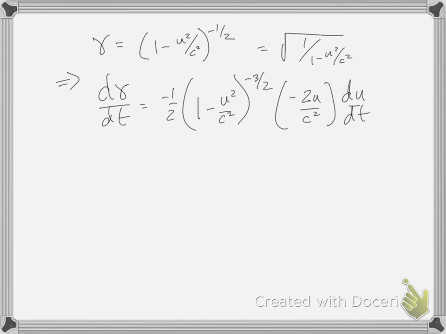So that is the correct derivative of gamma. Make sure you understand how to do derivatives. Now note that this term right here, that's just gamma cubed, because gamma is 1 minus u squared over c squared to the minus 1/2, and this is that raised to the third. So this is gamma cubed.